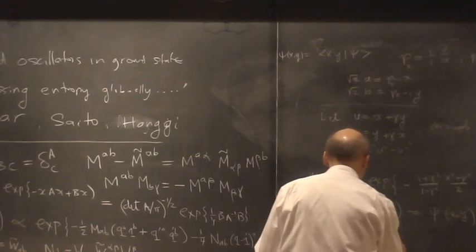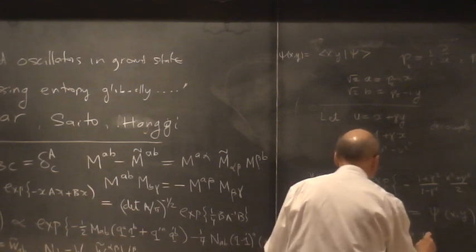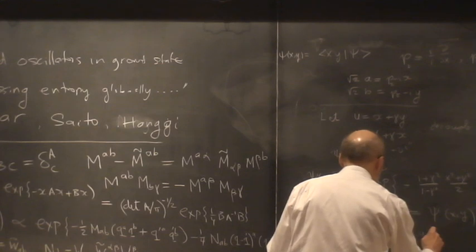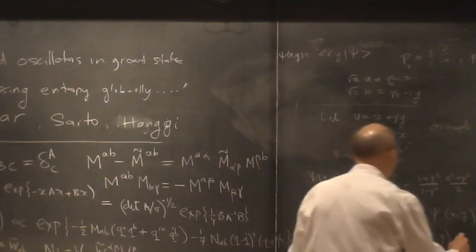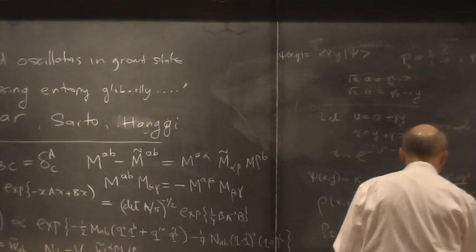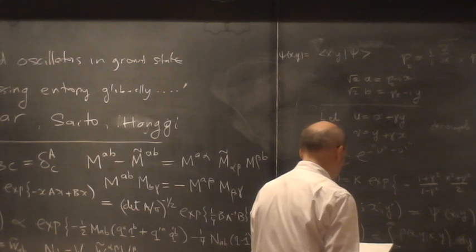So it's equal to the integral from minus infinity to infinity of rho of x, y, semicolon, x prime, but now y, not y prime, we set y equal to y prime, times dy. Right?